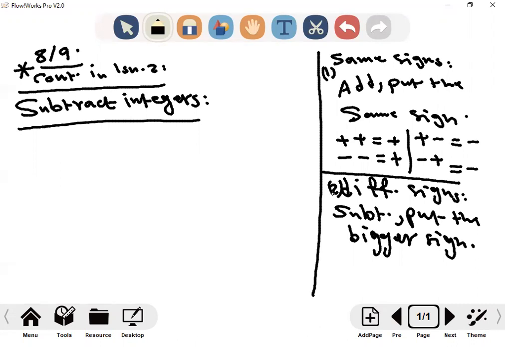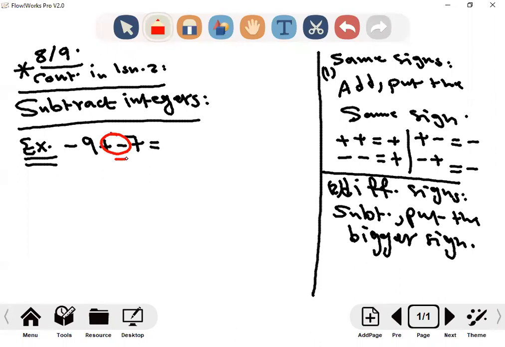Now, let's take an example for each one. Example, add or subtract: -9 plus -7. Here we have two signs following each other, right? So we go to these two signs, plus and minus, and replace them with minus.